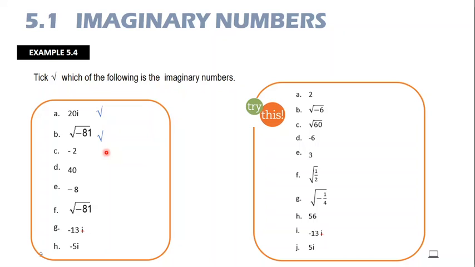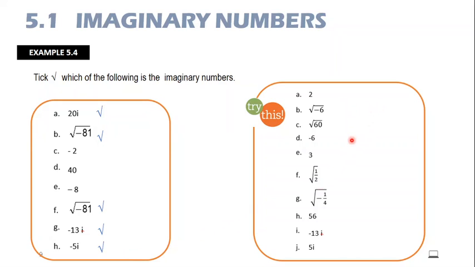No, that is real number. 40. Real number. Negative 8. Real number. Square root of negative 81. Yes, this is imaginary number. Negative 13i. Yes, imaginary number. We have I here, right? Negative 5i. Yes, imaginary number. Okay, boleh faham? Okay, kita kukuhkan, kita tahu yang apakah imaginary number dan yang manakah real number.